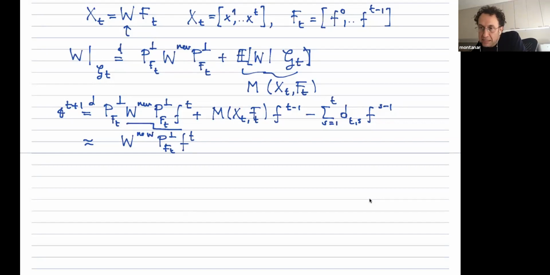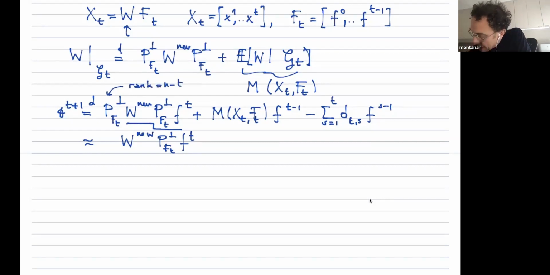Now I'm projecting a high dimensional vector orthogonally. This projector is the projector orthogonal to the column space of F. So it's a projection on a space of rank n minus t.